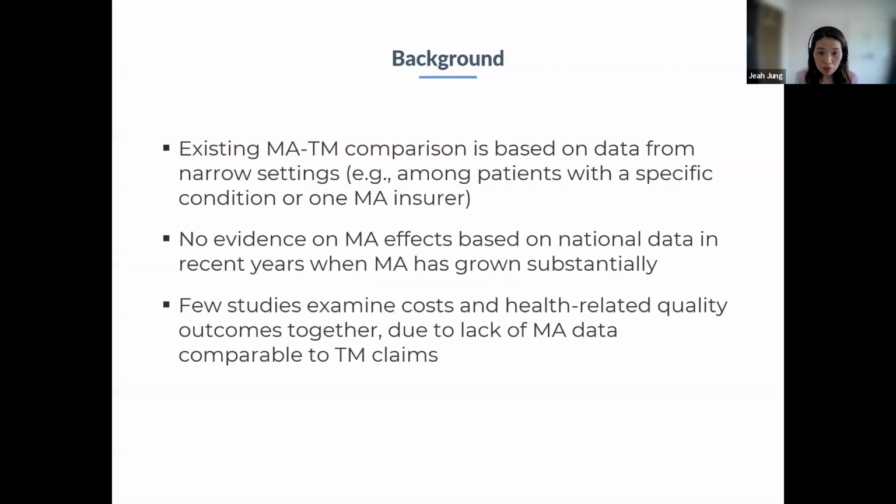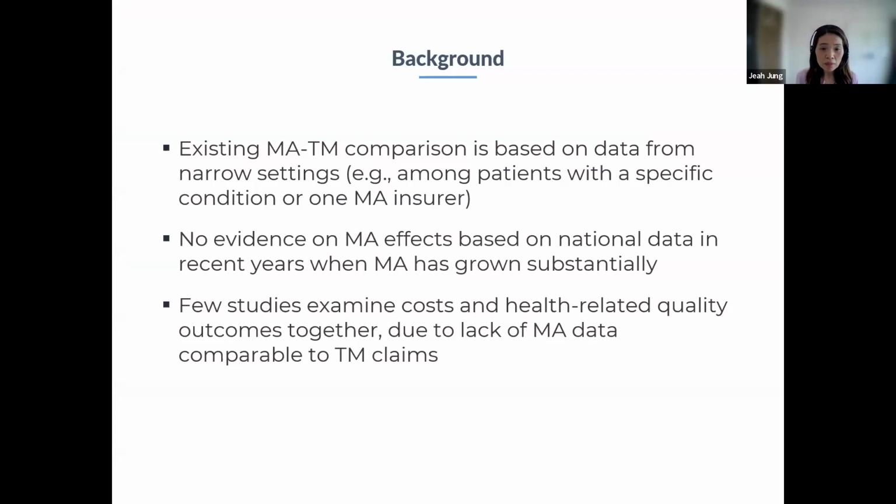Okay, so the background of this study is that we have a fair amount of Medicare Advantage and traditional Medicare comparisons, but most of the existing literature comes from somewhat narrow settings, like patients with a specific condition, or if you're lucky enough to have access to data from one MA insurance company. So people have looked at MA versus TM for those narrow settings.